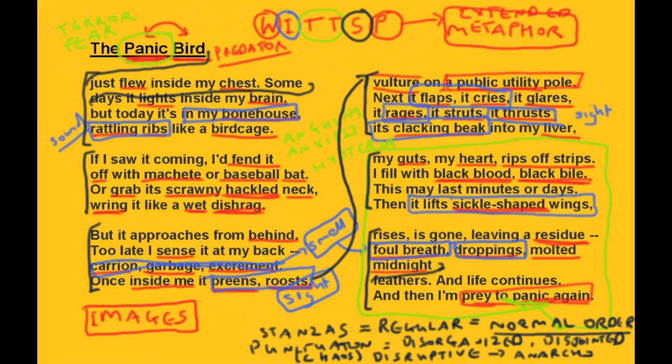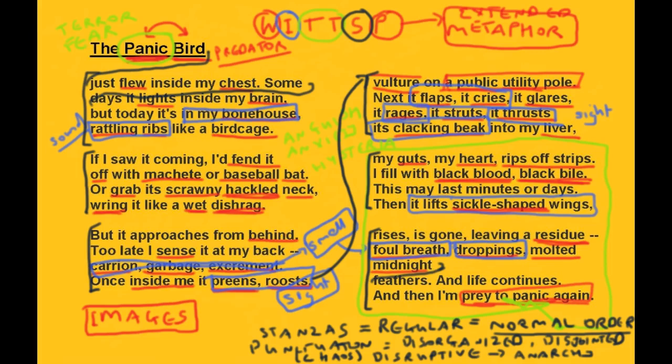So okay, we're going to leave it there. We've covered all of the main areas of the WITTSP toolkit, and we're beginning to really see the key points of this poem. It's an extended metaphor.